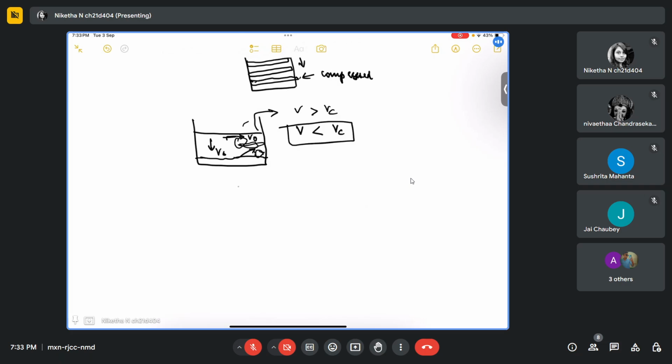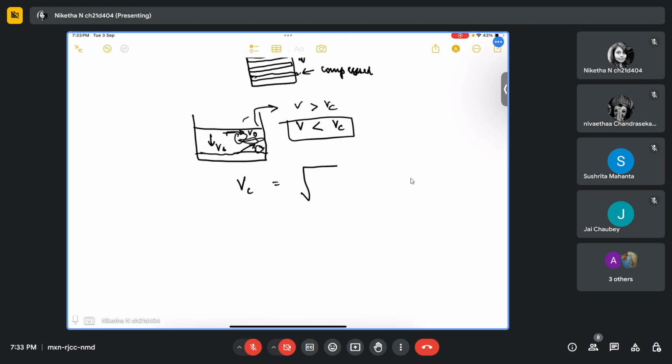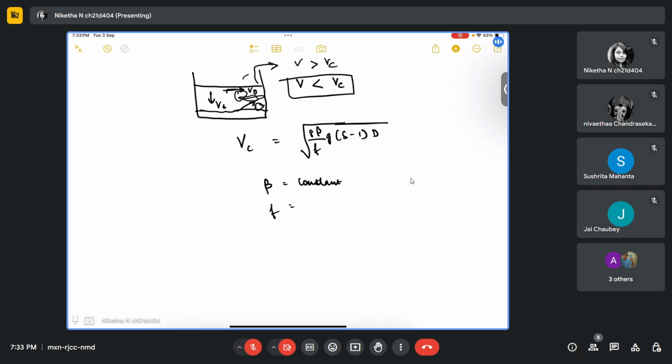And so this critical velocity is given as the square root of 8 times beta by f into g into (S minus 1) into d. So here beta is a constant and f is the friction factor.